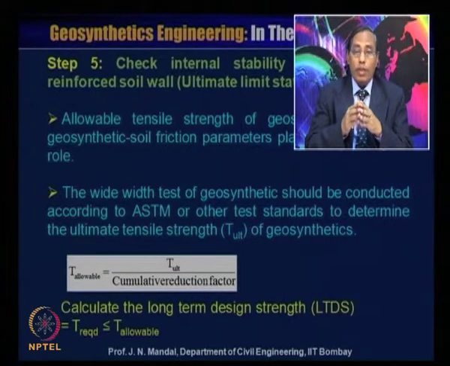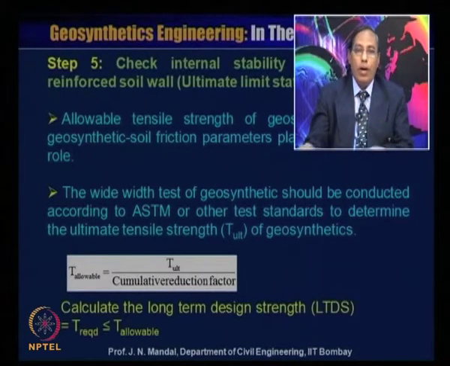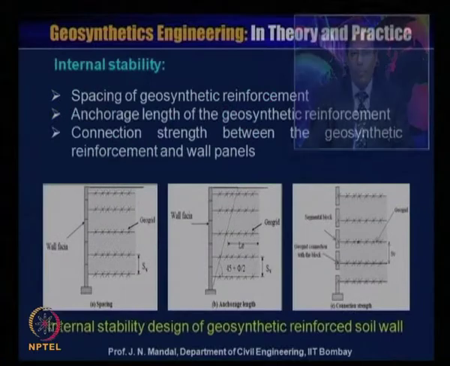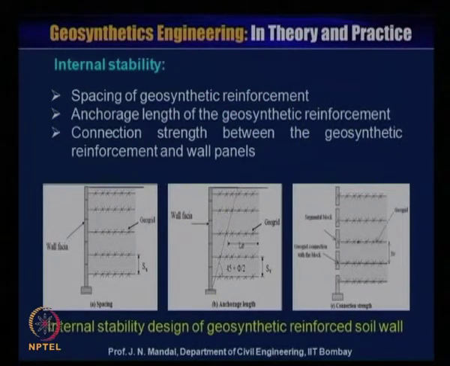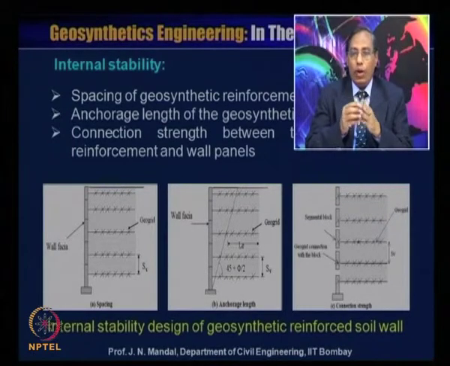Now you require the long term design strength, that is LTDS. So T required should be less than or equal to T allowable. It should satisfy this. Now we will discuss the internal stability. For internal stability, you require the spacing of the geosynthetic reinforcement. What should be the anchorage length of the geosynthetic reinforcement? What should be the connection strength between the geosynthetic reinforcement and the wall panel?